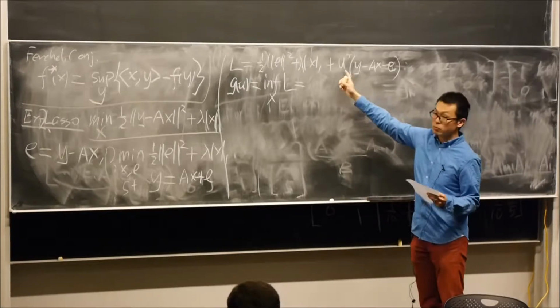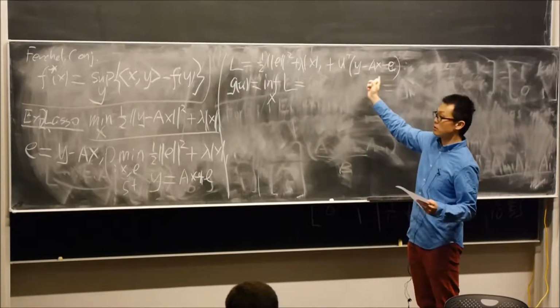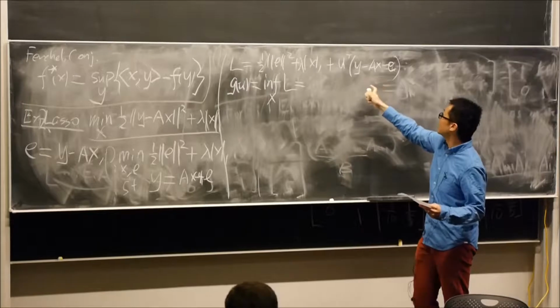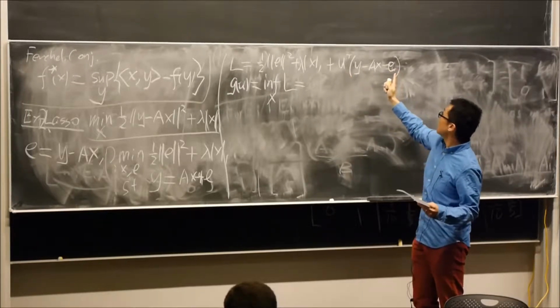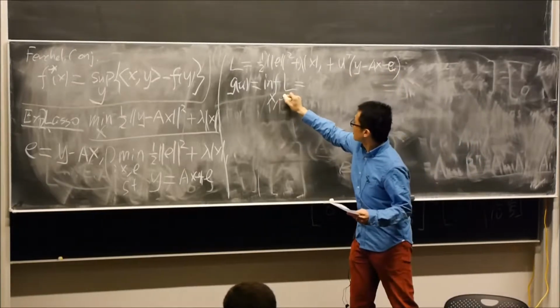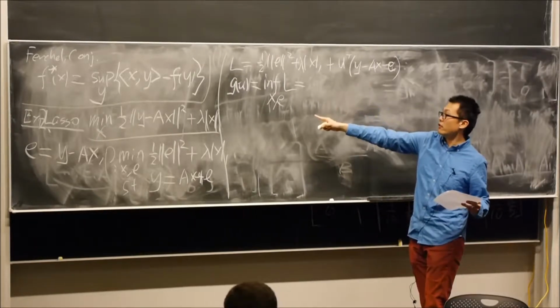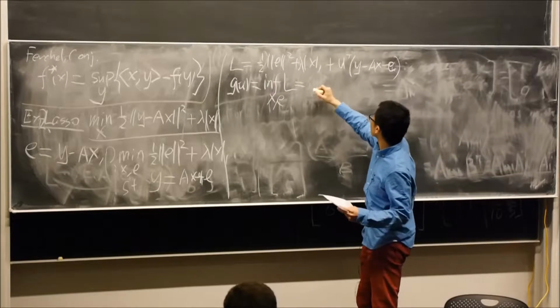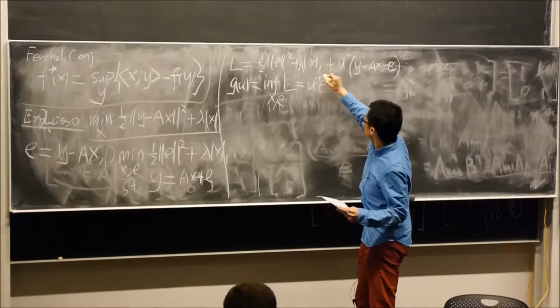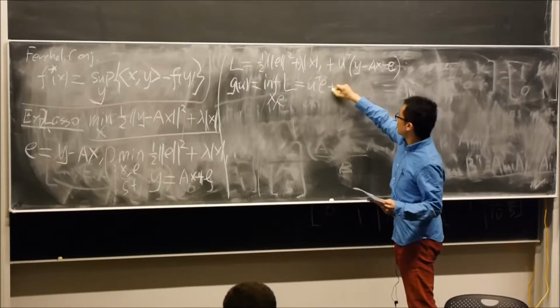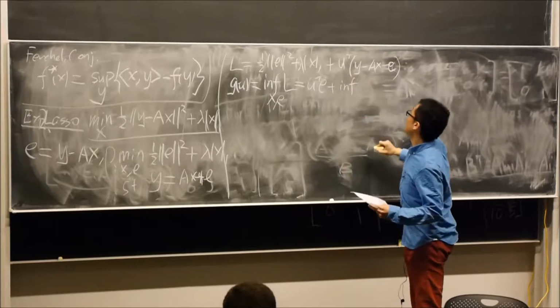First of all, let's multiply this u transpose into the bracket and expand this term. This u transpose y is not a function of x and e at all, so we can just extract it out, along with u transpose e, and then plus the inf of all the other things.